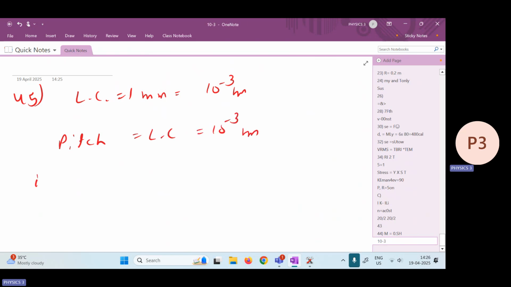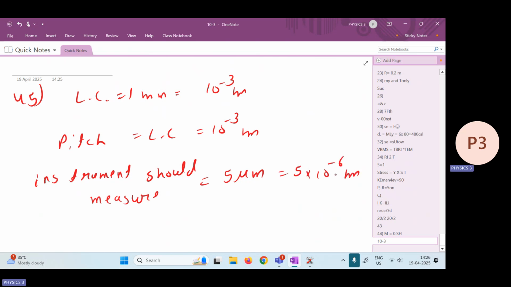So the instrument should measure 5 micrometer, meaning 5 into 10 to the power minus 6 meter. It should measure this.